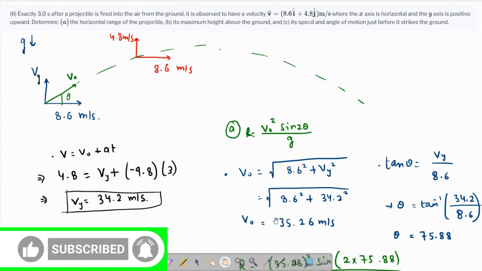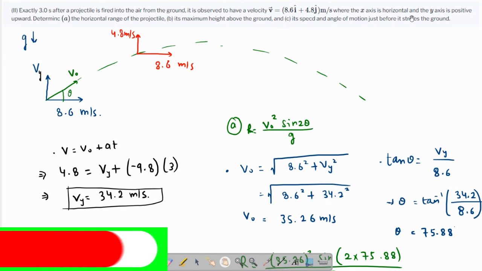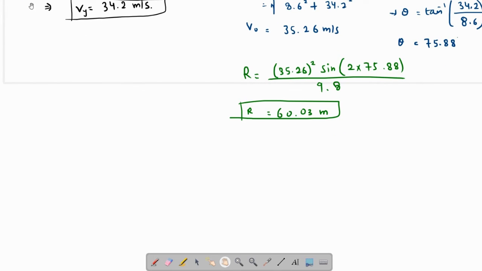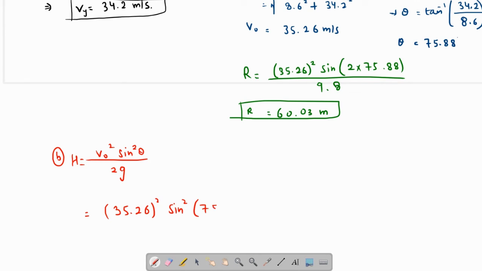Part B is the maximum height, and the speed and angle of motion just before it hits the ground. For maximum height, we have a direct formula: v naught square sine square theta over 2g. We know everything, just plug in the values. So 35.26 square times sine square 75.88 over 2 times g, which is 9.8.